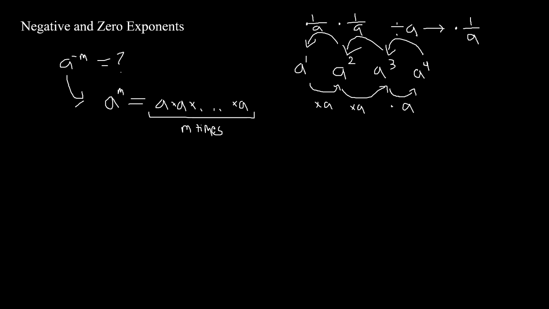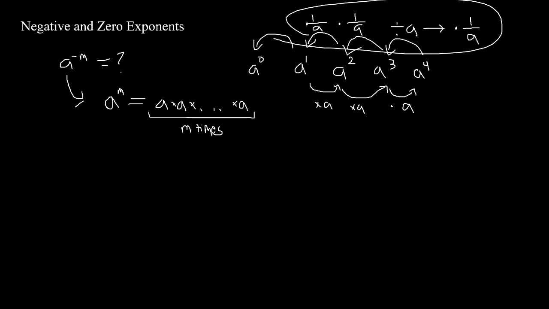So what if we wanted to know what a to the 0 is? What would this be equal to? Well, a to the 0, or any number to the 0, is defined as 1, right? But why does this happen? It happens because of the pattern. You can see how we're just dividing by a over here.